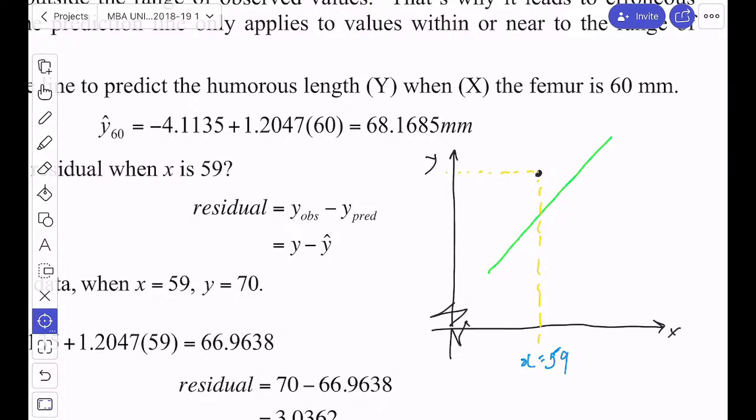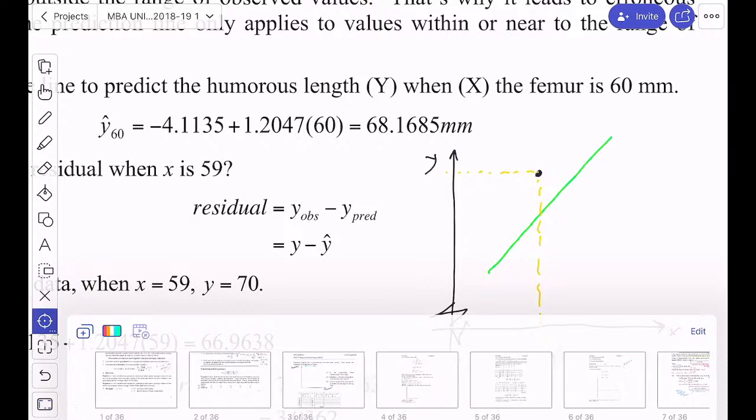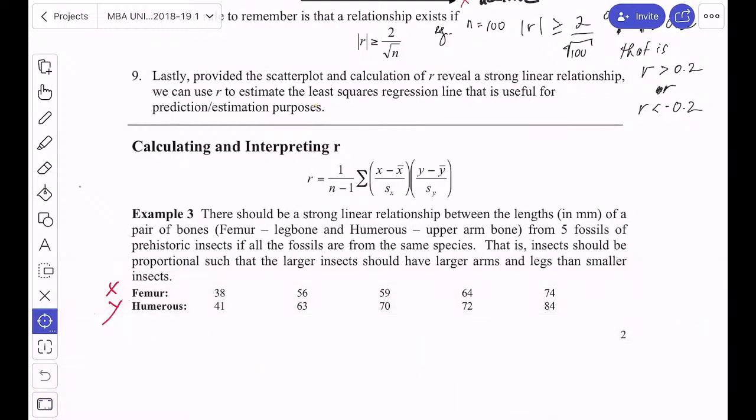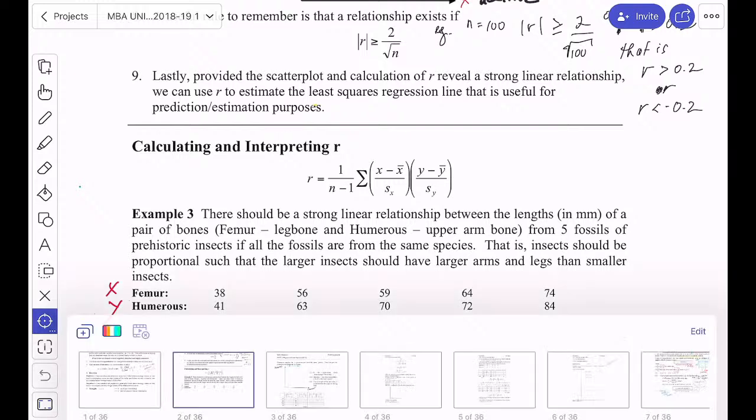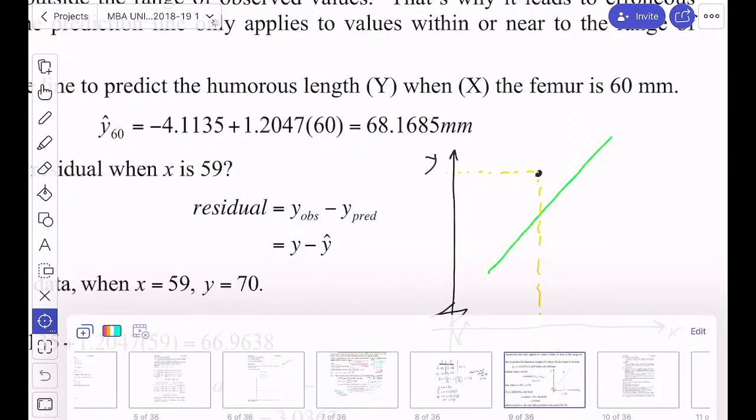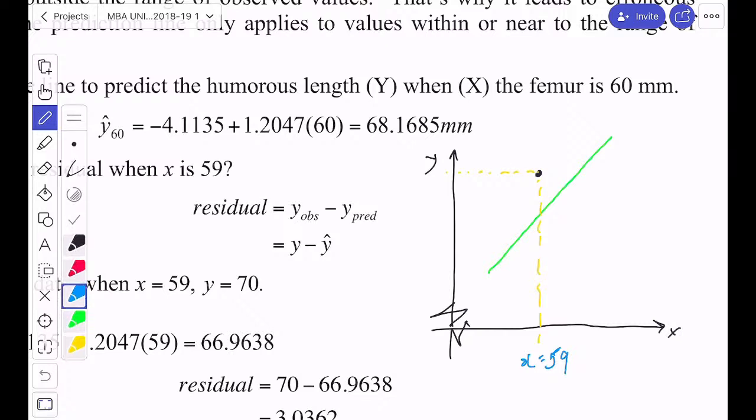That's what we saw back here. And we'll call this y observed because we actually see it. And what we want to figure out is the residual.